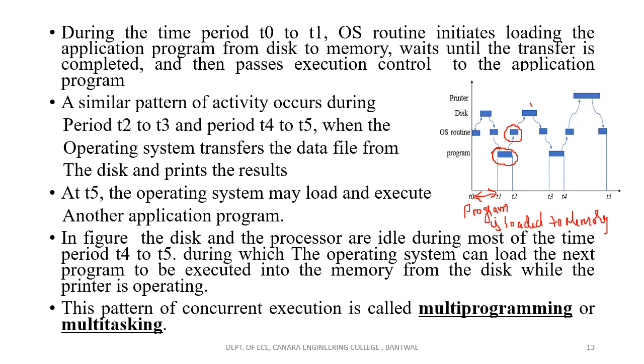The resource is in the disk, and this resource has to be allocated to the application program. Once the disk allocates the data file to the memory, it passes the control back to the OS routine, and the OS routine in turn sends the command to the application program that the data is ready for computation.